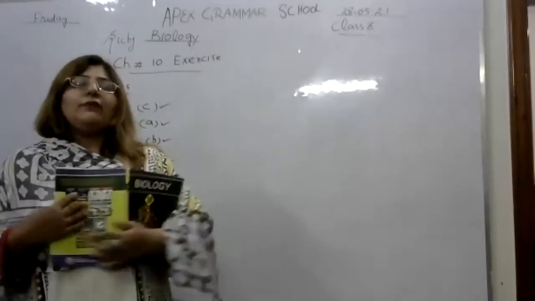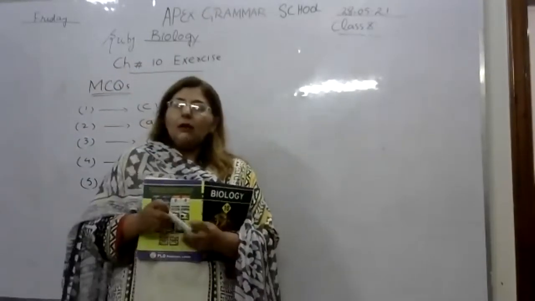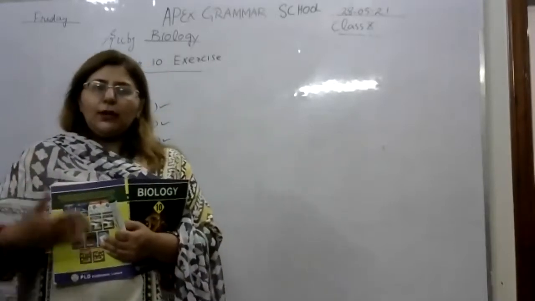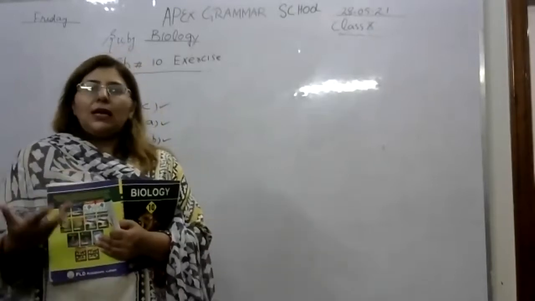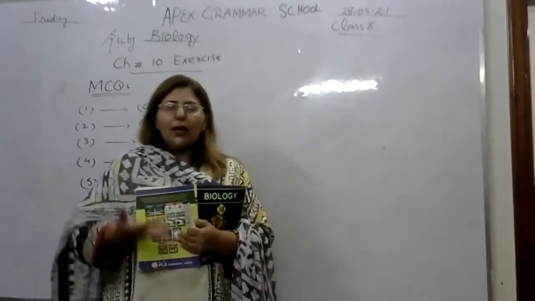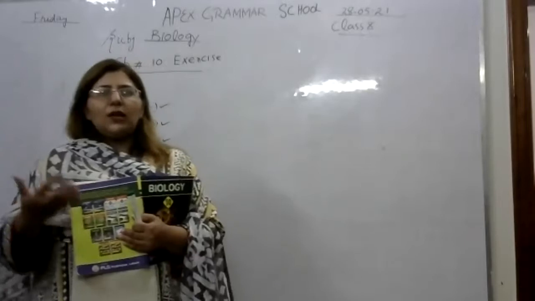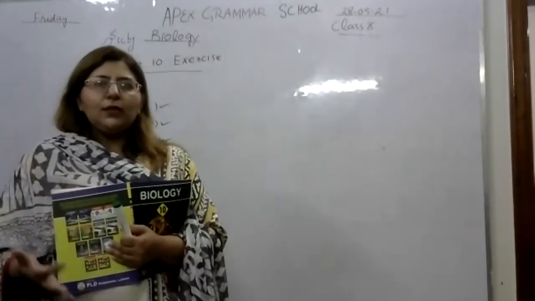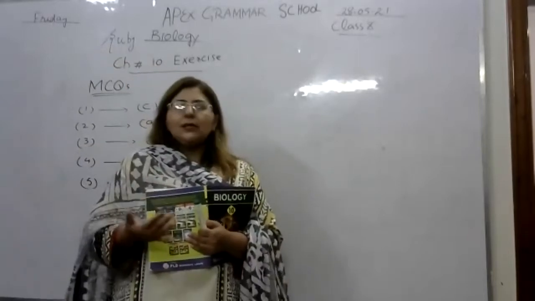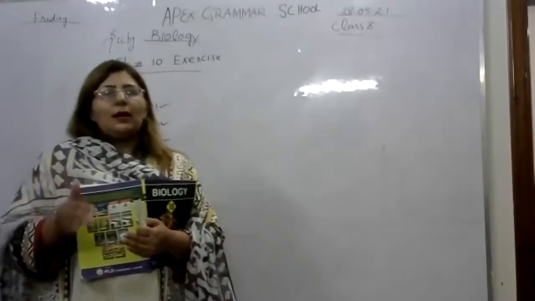First of all, I will explain the question. In this question, they are asking which stimulus is responsible to help in exhalation. I have told you, when we were discussing the respiratory tract, that when our oxygenated blood goes to each and every cell in our body and cellular respiration starts, all cells get oxygen from the blood and in return produce carbon dioxide.